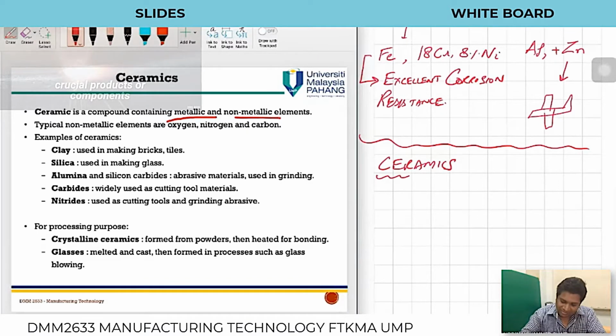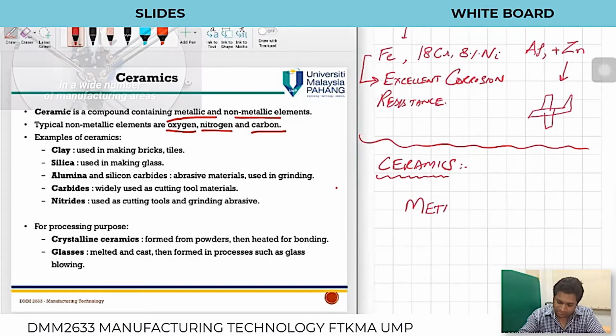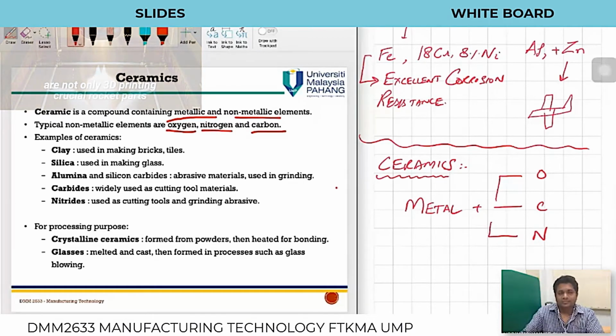Ceramics are types of material which contain metallic compounds, but they have oxygen, nitrogen, and carbon. So they are a combination of metal plus either oxygen or carbon or nitrogen. What does it mean?